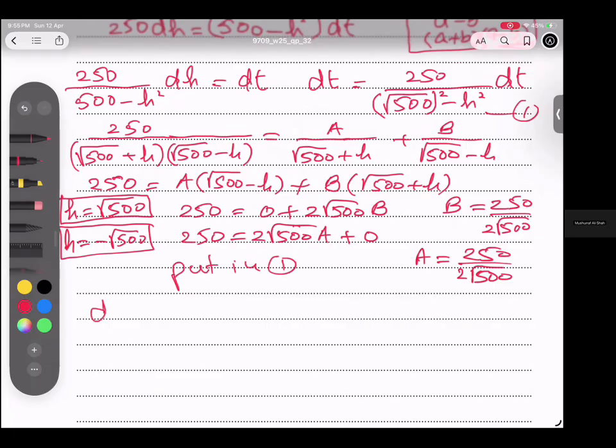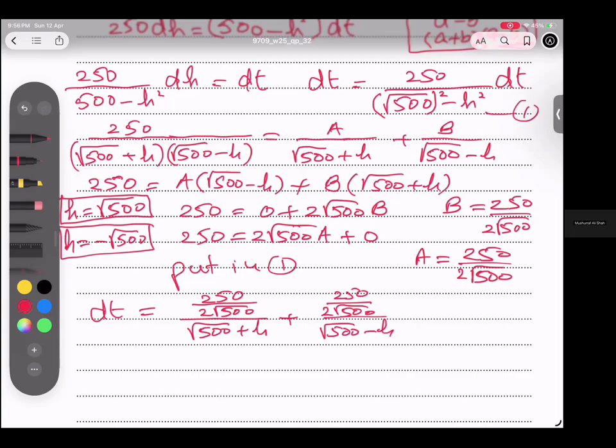So I got dt on the left hand side. When I keep this value on top, I'm getting 250 over 2 root 500, divided by root 500 plus h. And plus this value, I'm going to put it there: 250 over 2 root 500, divided by root 500 minus h.